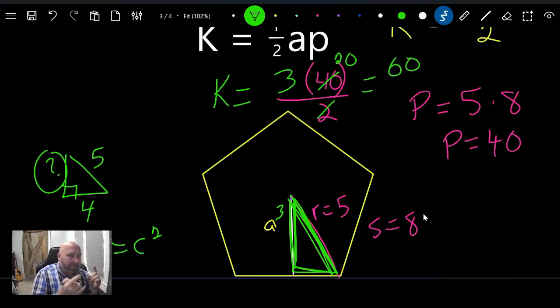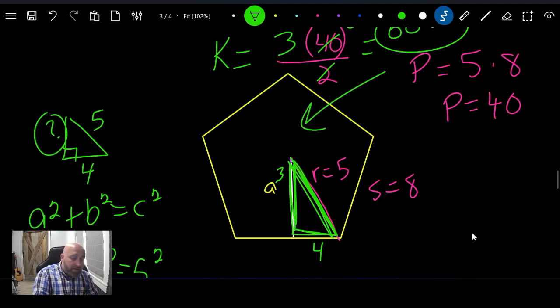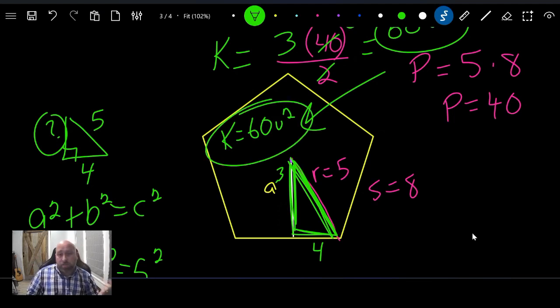Now, remember, it's an area, so that's going to be squared. Let's call it just units squared. We never said if they were inches, feet. We didn't say that. So 60 units squared is the area. So K equals 60 units squared. That's our area for this shape based on the information that we had.